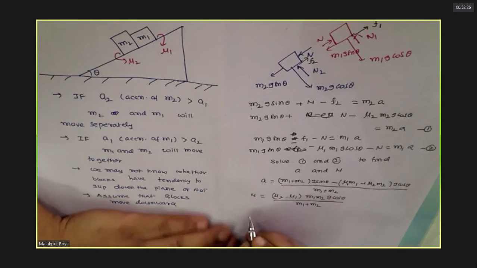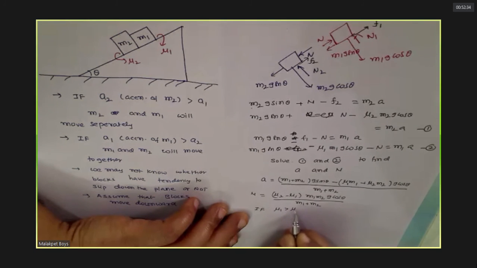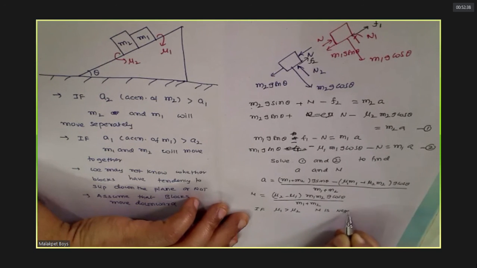Shall I turn this? Now, if you observe this normal reaction, if mu1 is greater than mu2, N is negative.